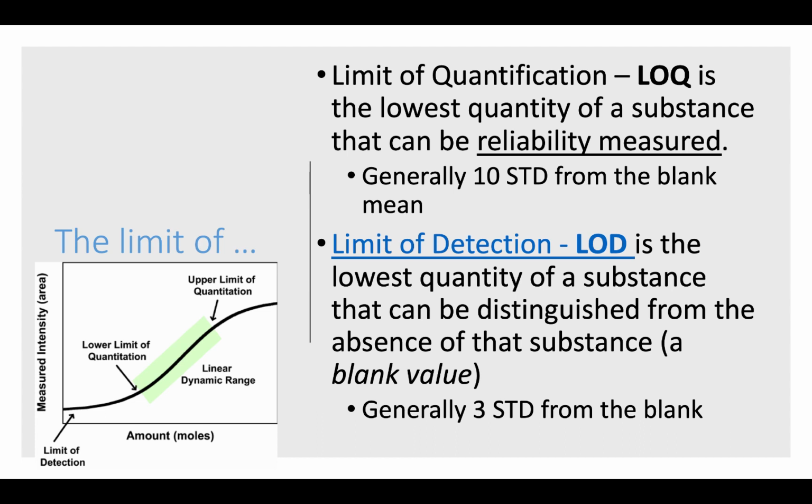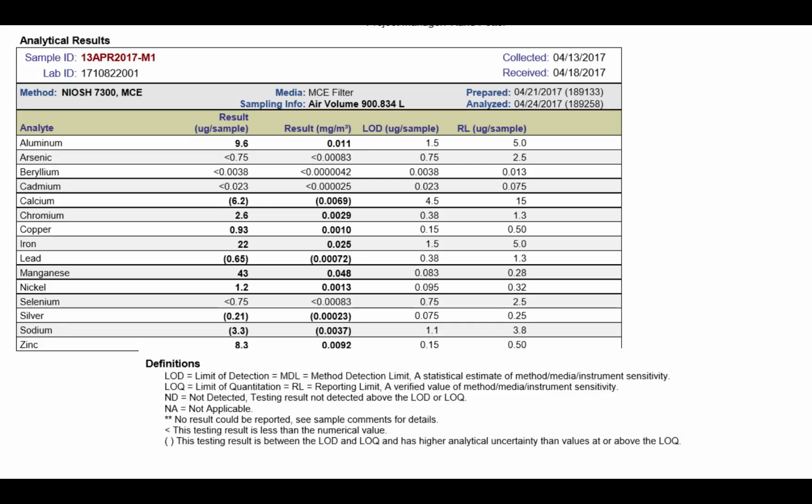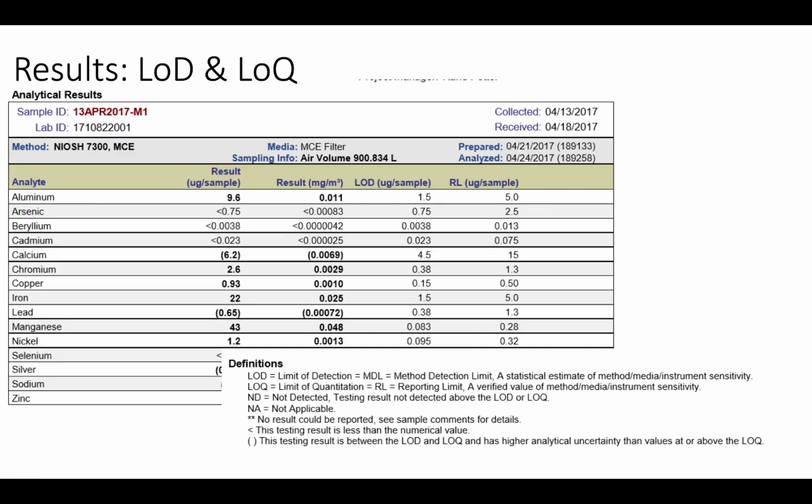We use the limit of detection when we're taking a look at our analytical method. So the limit of quantification is the lowest quantity of a substance that can be reliably measured, and generally this is 10 standard deviations from the blank. Whereas the limit of detection is the lowest quantity of a substance that can be distinguished from the absence of a substance, and this is generally 3 standard deviations from the blank.